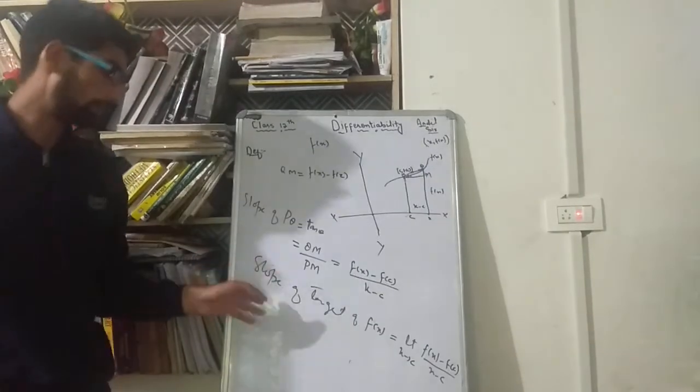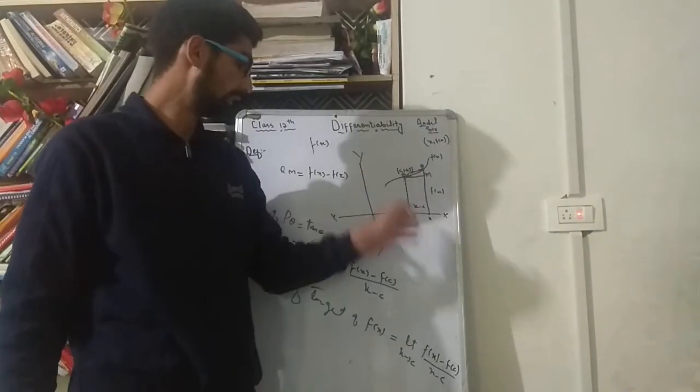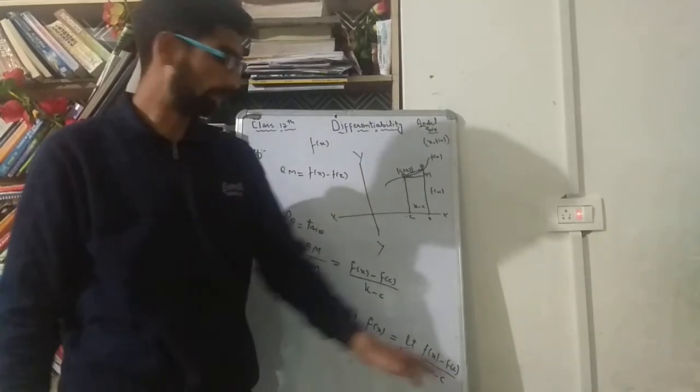So the slope of the tangent of f of x at x equal to c is the limit as x tends to c of f of x minus f of c divided by x minus c.